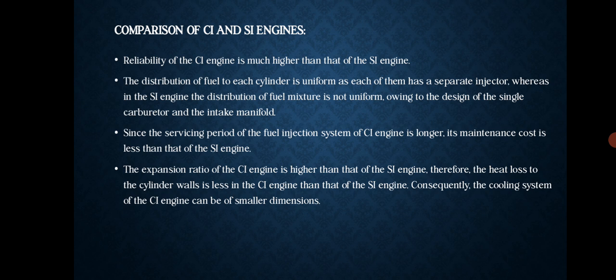The expansion ratio of the CA engine is higher than that of the SA engine. Therefore, the heat loss to the cylinder wall is less in the CA engine than that of the SA engine. Consequently, the cooling system of the CA engine can be of smaller dimensions.